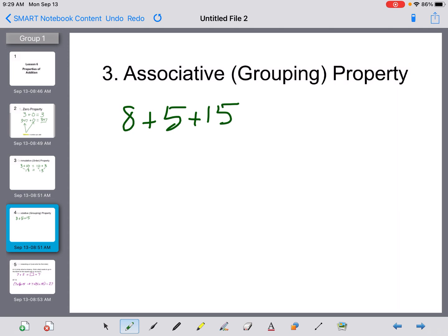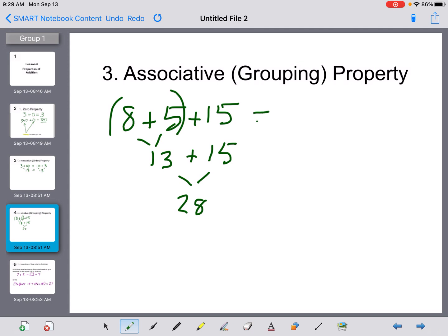Now I can group 2 of my addends together and add those numbers first. So I could start out and do 8 plus 5, and 8 plus 5 gets me a 13. And then I can add it to my 15. 13 plus 15 gets me a 28.